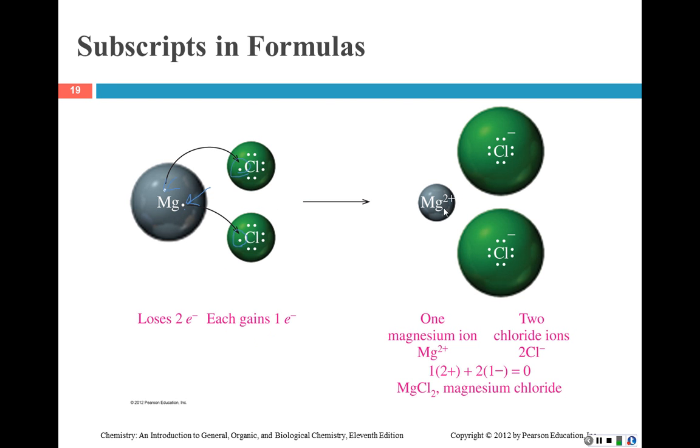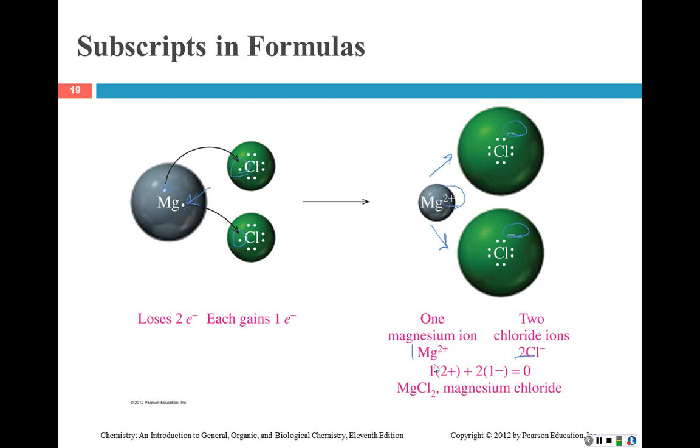So the 2 electrons leave the magnesium and are transferred to the chlorines, giving the chlorines 8, which is the octet, and taking magnesium back down 1 level so that it has an octet. Our balance will be correct because we'll have a +2 on the magnesium and a negative on 2 of these chlorines. So we have 1 magnesium and 2 chlorines.